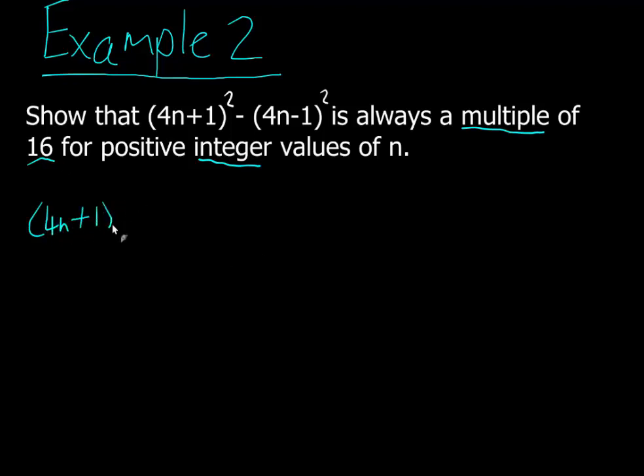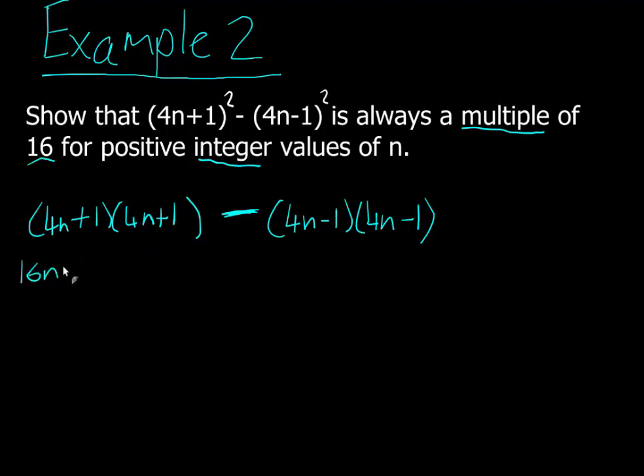So the first bracket, 4n plus 1 squared, would look like that. I'm going to write a big minus here to help me remember there's a minus, and I'm taking away all of 4n minus 1 squared, which looks like that. If we expand the first one, 4n times 4n is 16n squared. 4n plus 1 is plus 4n.